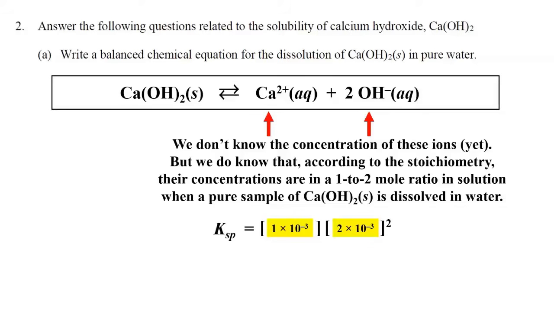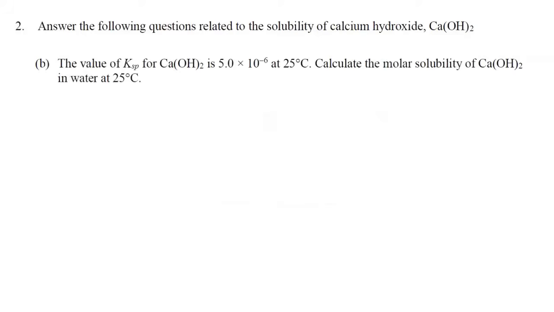So since we don't know the concentrations, we can go ahead and set the concentration of calcium as X, and then the concentration of hydroxide would have to be 2X. At this point, if we do the math for X times the quantity 2X squared, we get 4X cubed, where X represents not only the concentration of calcium, but also the solubility in moles per liter of the entire compound.